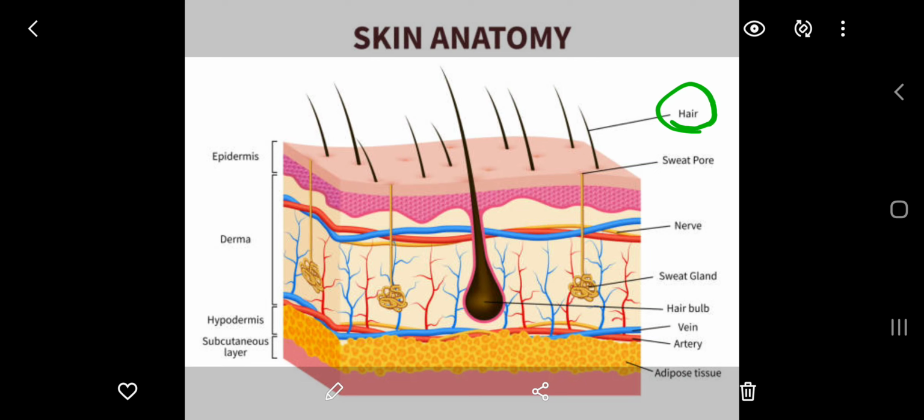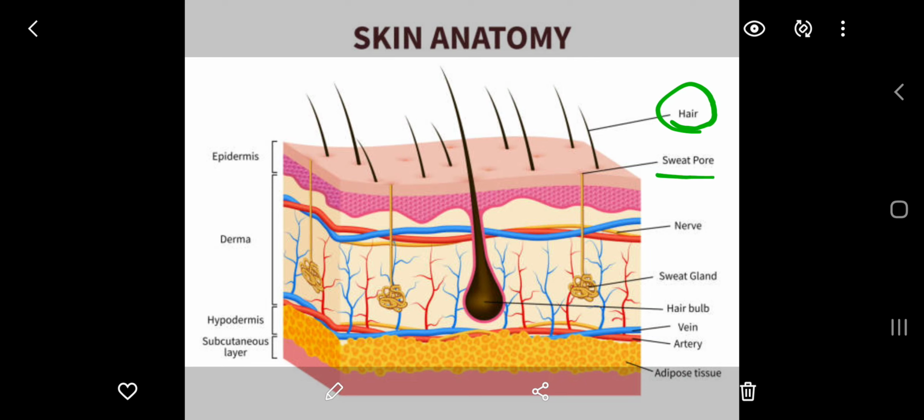So this is why hairs help in thermoregulation. They also help us in protection, like I referred to with the goosebumps. In some animals, when the goosebumps occur, their enemy gets scared.